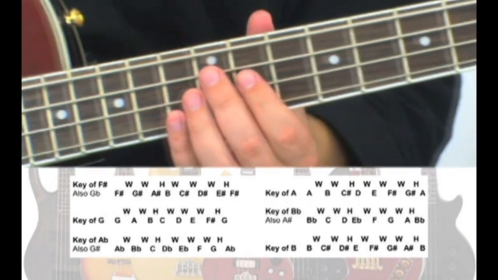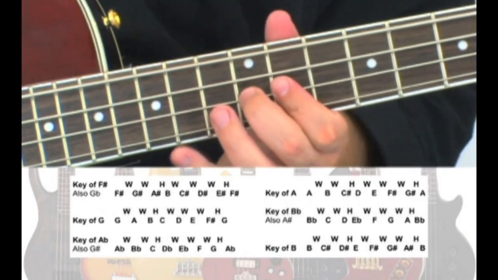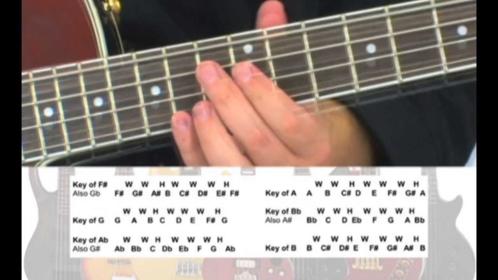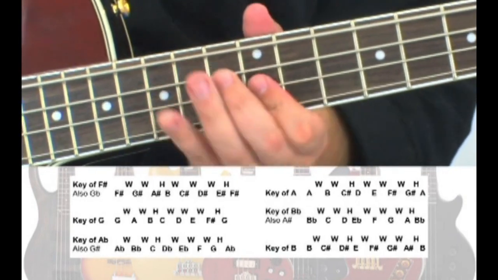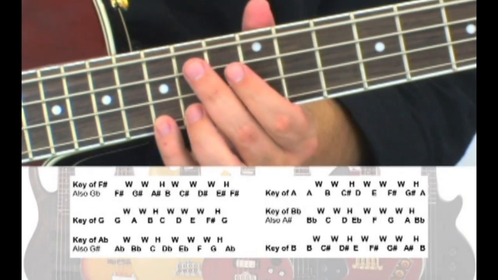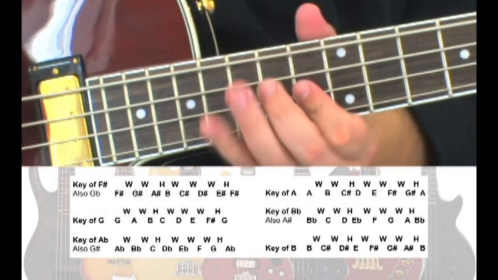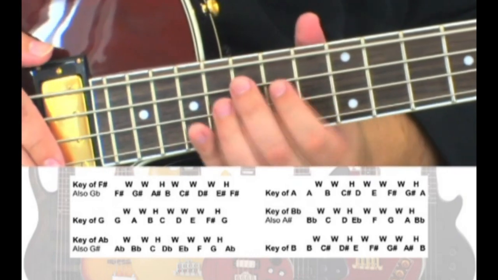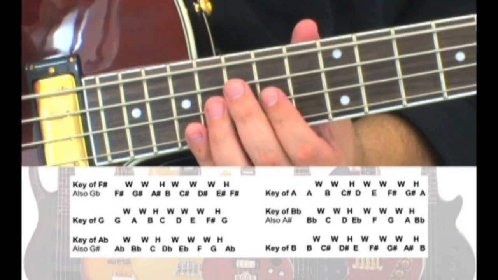The 12th fret is A. The 13th fret is B flat. The 14th fret is B. And the 15th fret is the C octave.